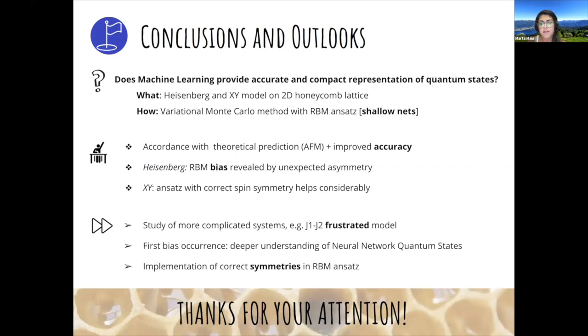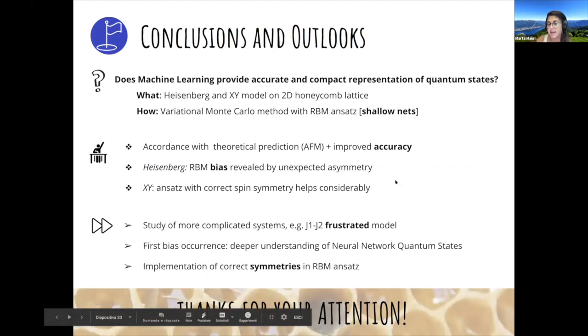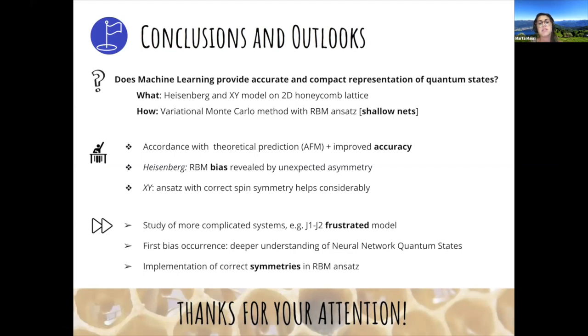There are a lot of different steps that can be taken along these lines, but I guess the most important thing, at least in my opinion, is to go deeper into this bias that we have seen and understand where it is coming from, because this helps to have more insight into the method itself. So thank you all for your attention.